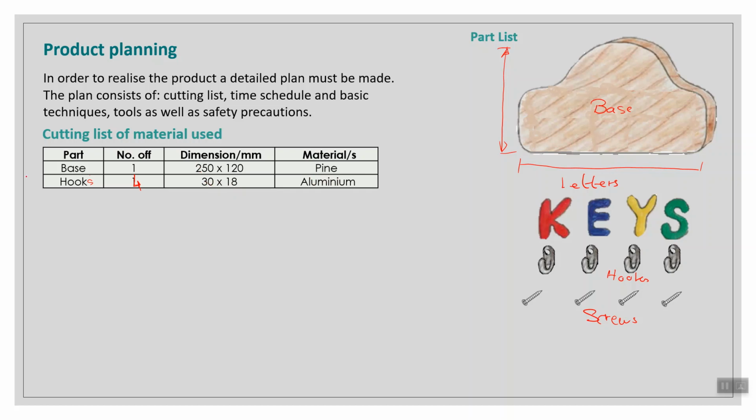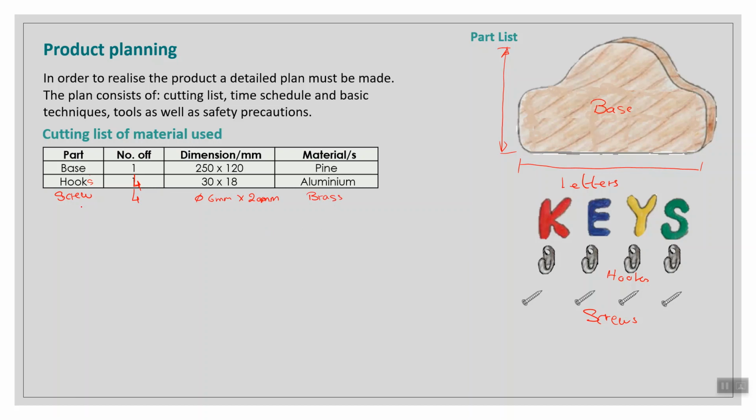I can also, if I want, mention the screws. So there are four screws, and the dimension of the screw is diameter 6 millimeter by 20 millimeter long, and it is made of brass.